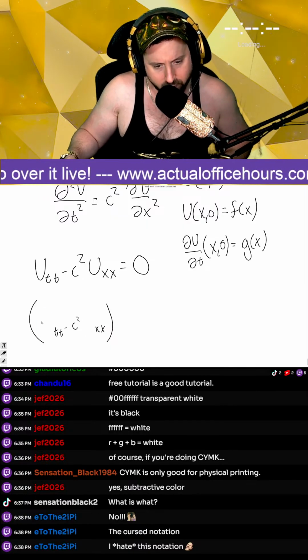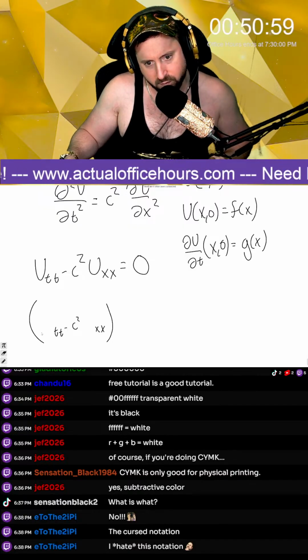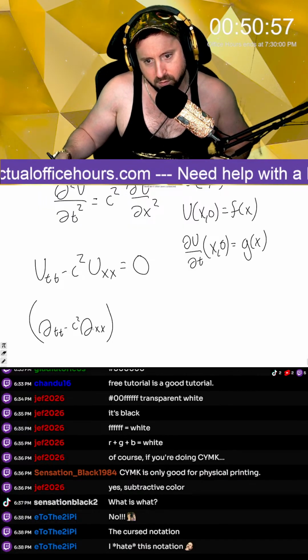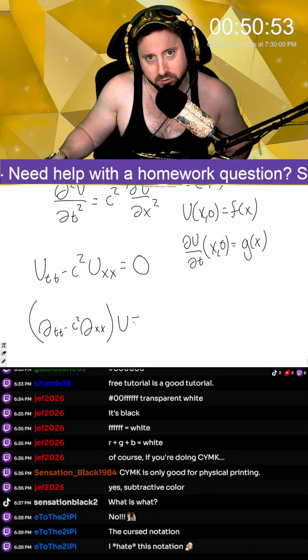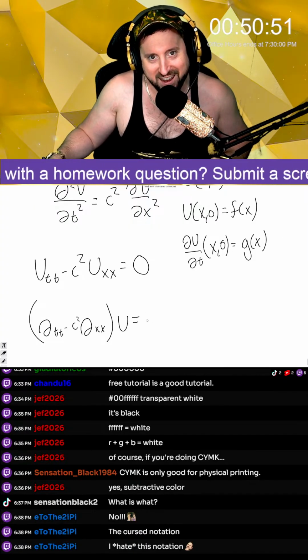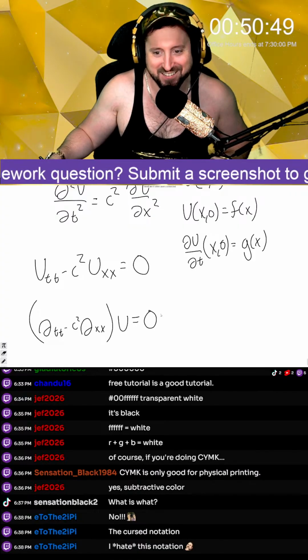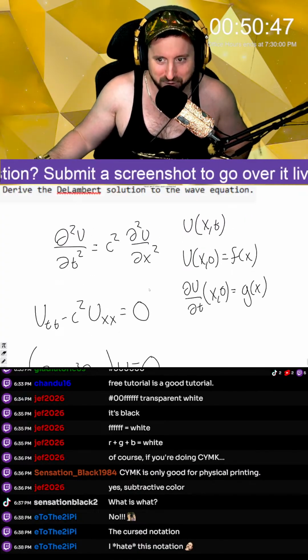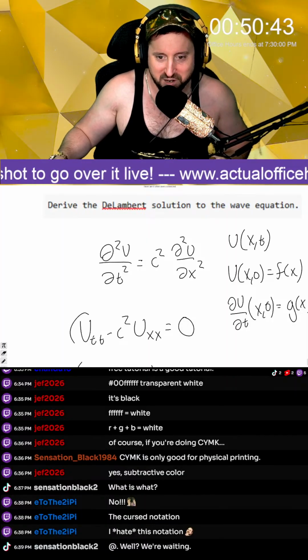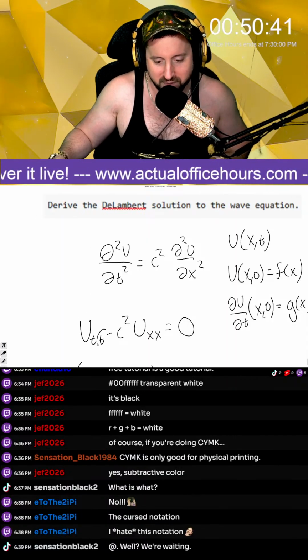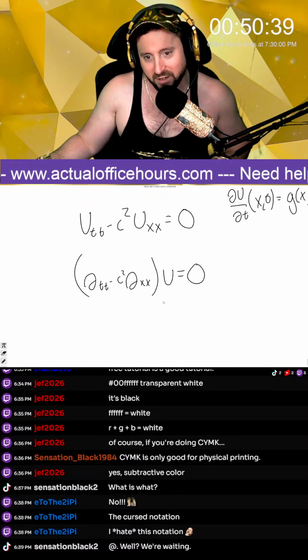And then this is acting on u. I hate this notation. For those that want to know why, this right here just means take the derivative with respect to t and then take it with respect to t again.